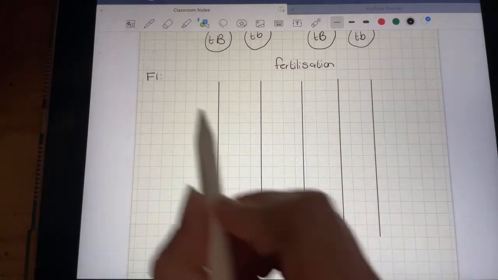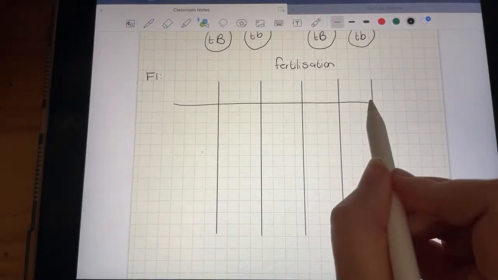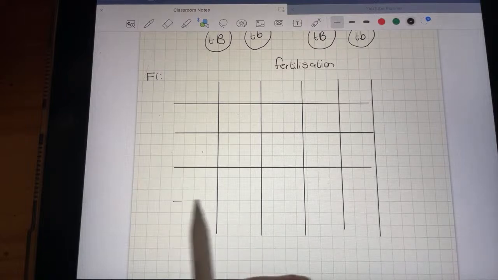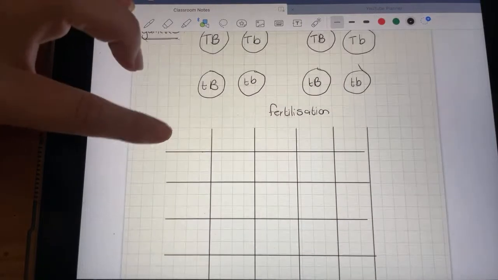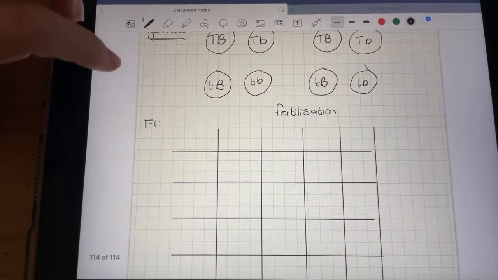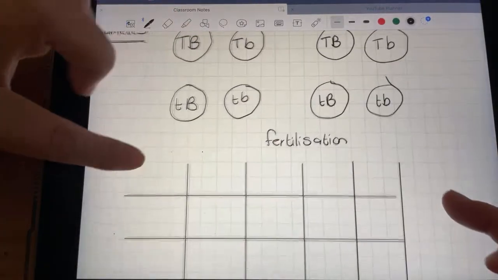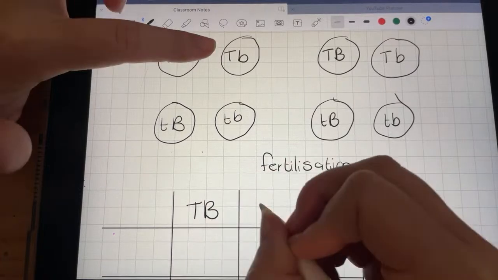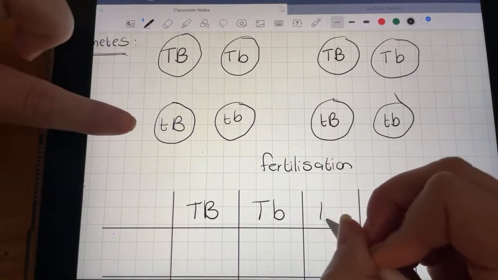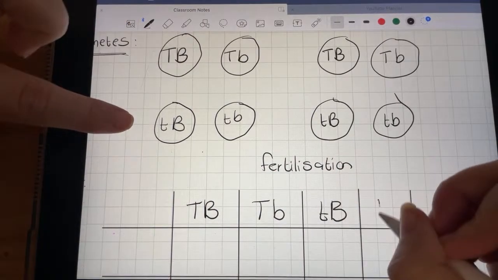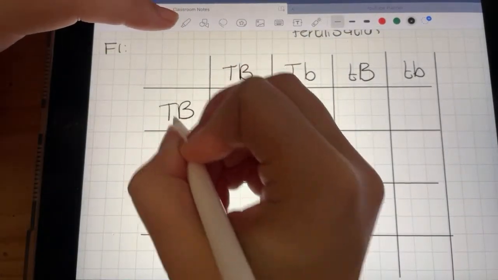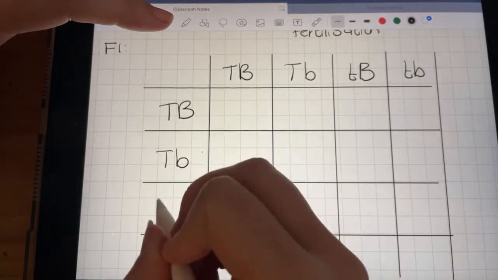I think that should be enough. There we go. Okay. So now we're going to copy in my gametes. So we've got there, there, there, and there. And then it's exactly the same going down the side because the parents are the same.